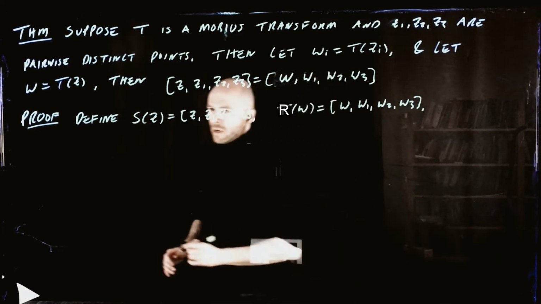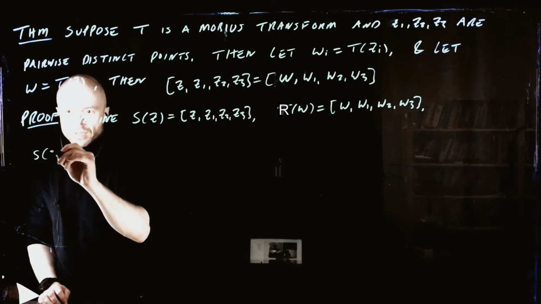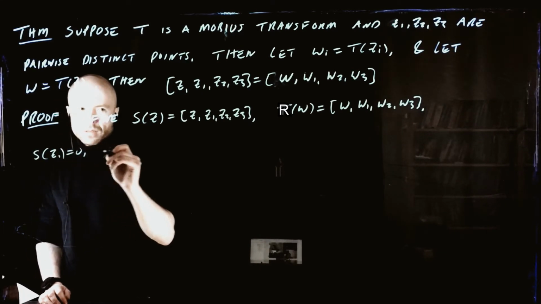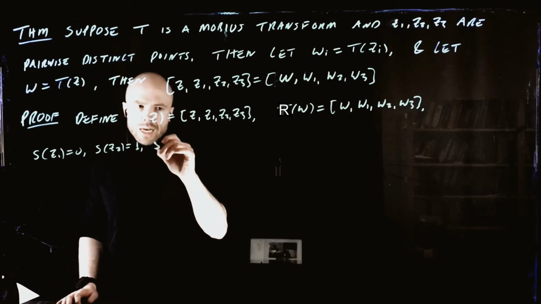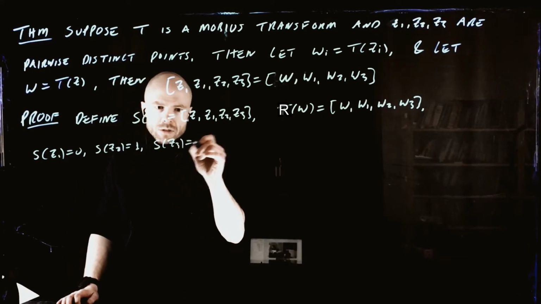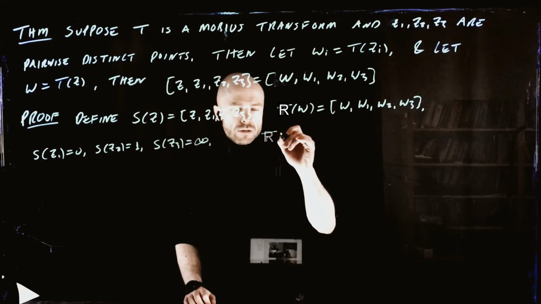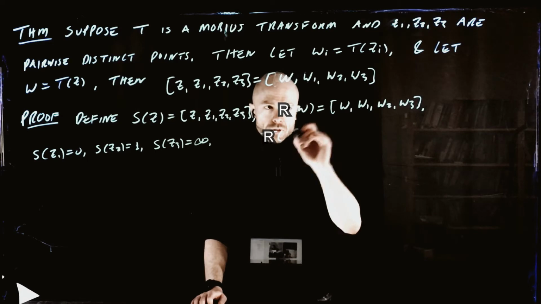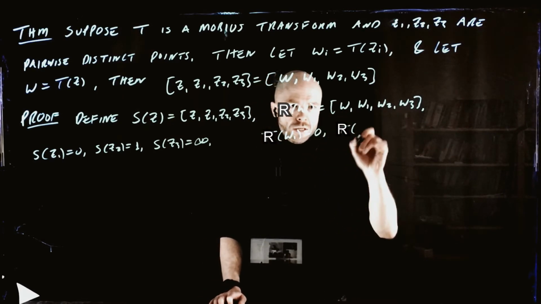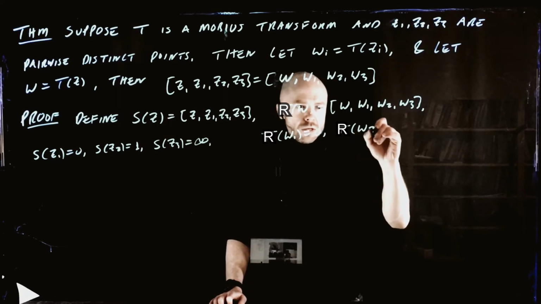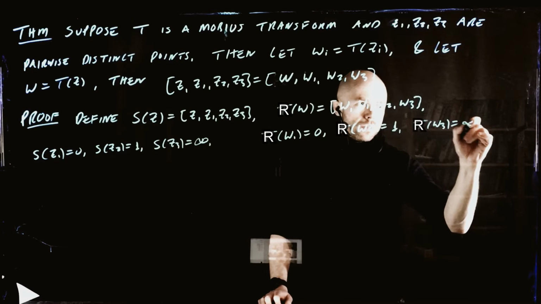And we've already learned that S of Z1 was 0, S of Z2 was 1, and S of Z3 was infinity. And the same thing is true for the Wi: this gives 0 at W1, 1 at W2, and infinity at W3.